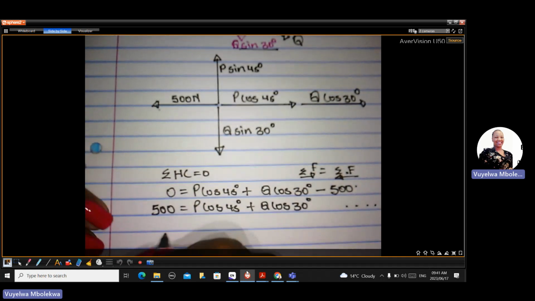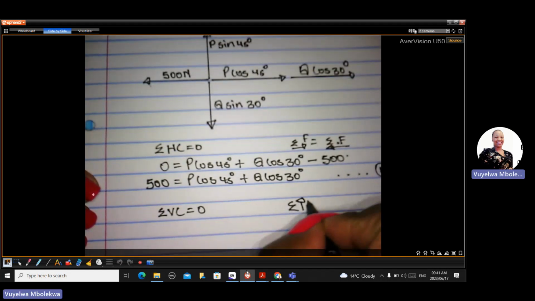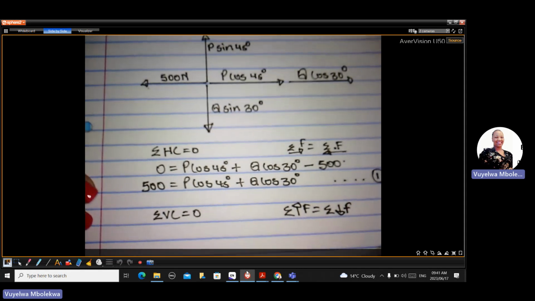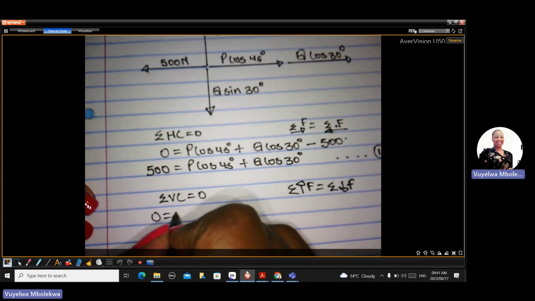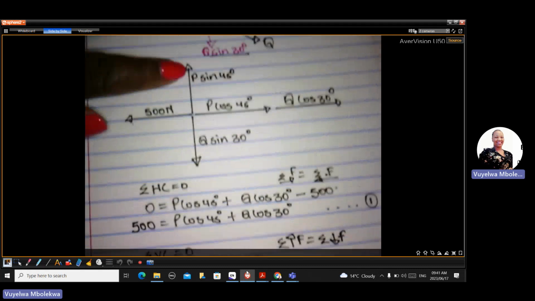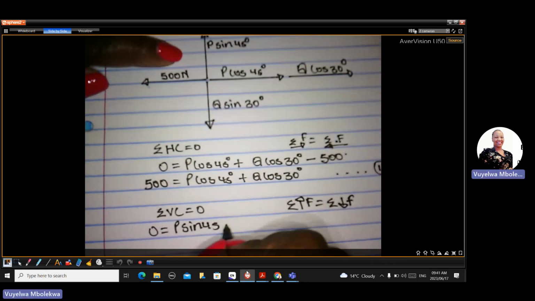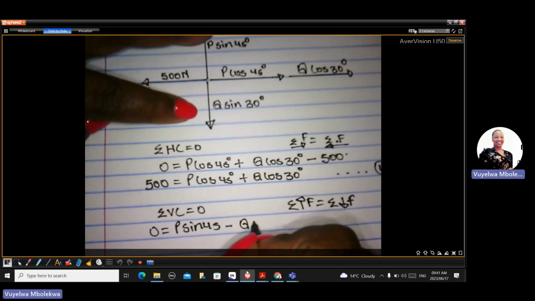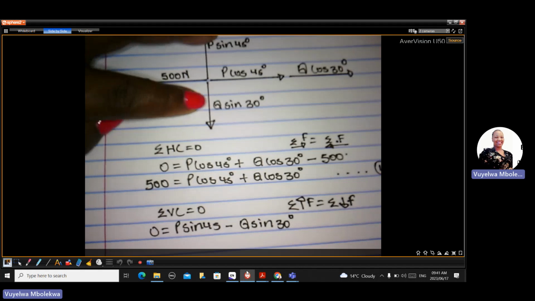So this we can take as equation 1. Then if we look at the vertical components, they are also equal to 0 because upward forces are equal to downward forces, because this is an equilibrium. And then we will say upward P sine 45, that component, minus Q sine 30, this component.